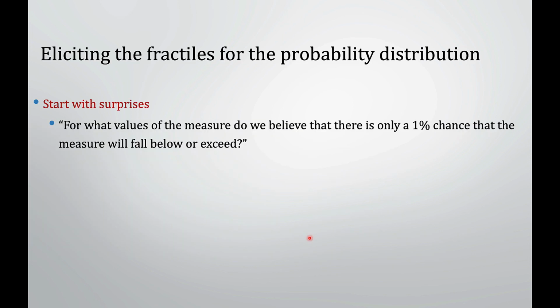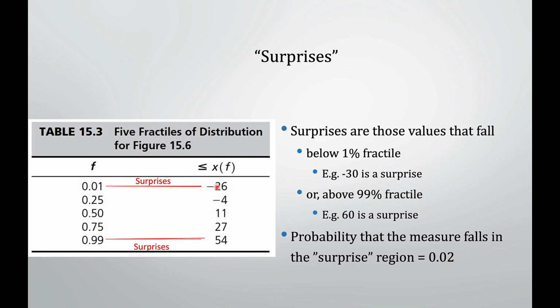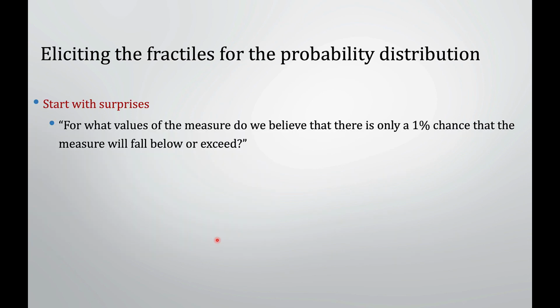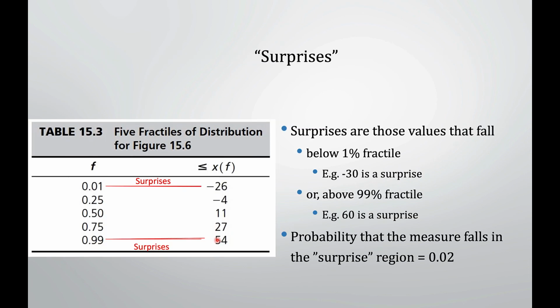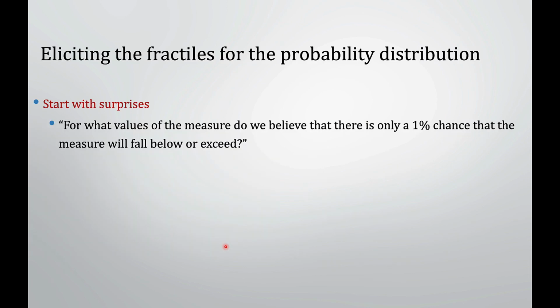We can start with surprises, and you can think about for what values of the measure we believe there's only a 1% chance that it will fall below or exceed. Those two thresholds would correspond to the two surprises.